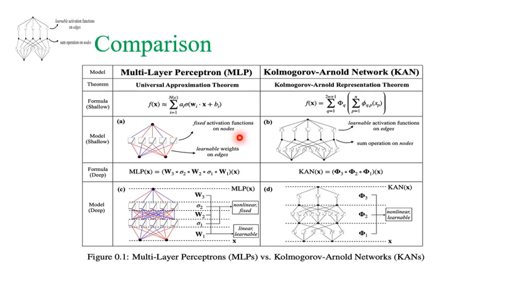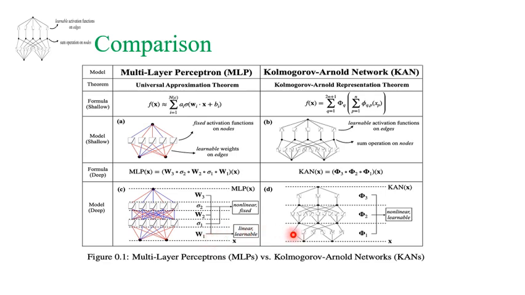Okay, comparison. As you can see here, KAN, the Kolmogorov-Arnold network that we abbreviate as KAN, has non-linear and learnable activation functions on each edge, while in multi-layer perceptron we have a non-linear fixed activation function. We also have some weight for each edge in the multi-layer perceptron.